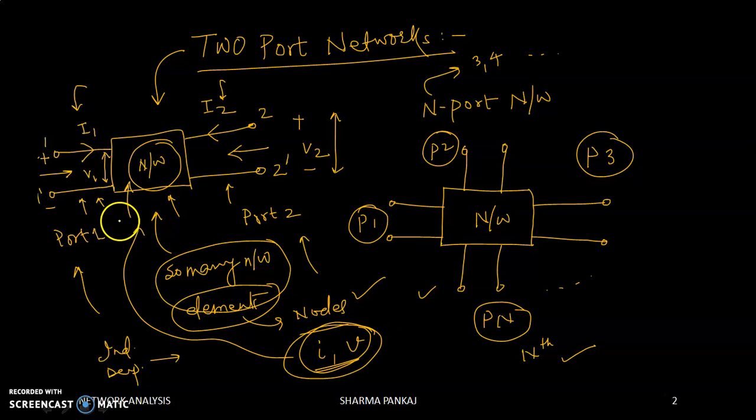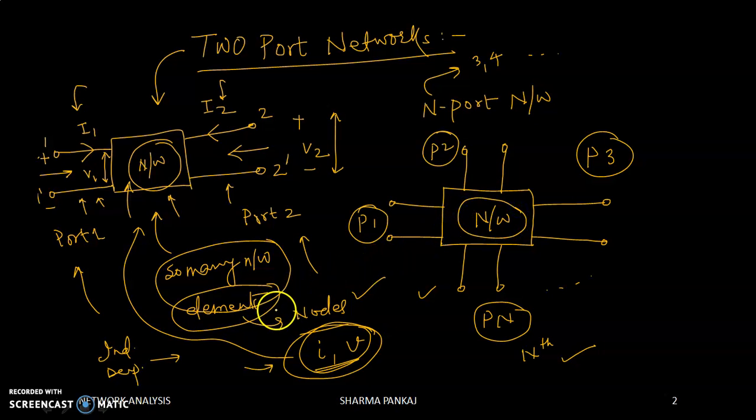Wherever we face a problem or situation of a two-port network, we will refer to this standard definition. As I have told you, the current and voltage inside the rectangular box, which I have written as network, is not mentioned here.